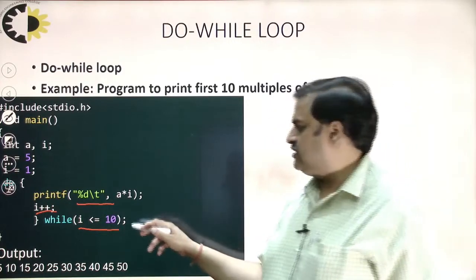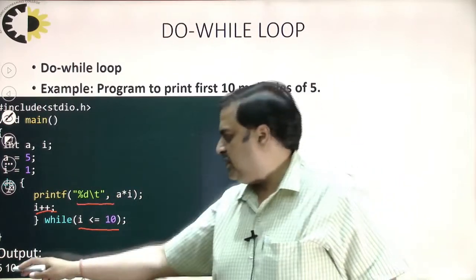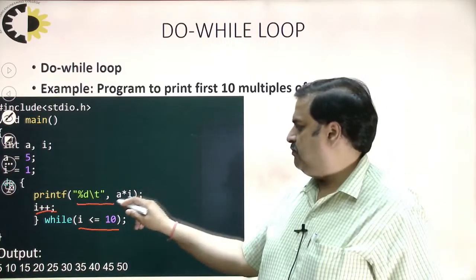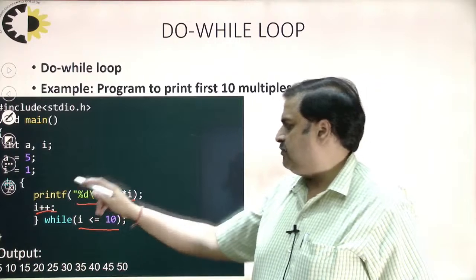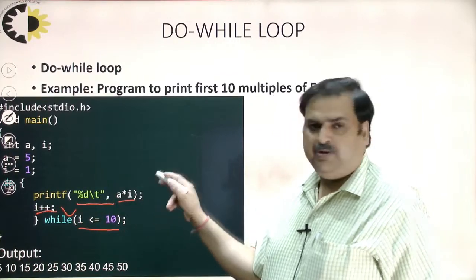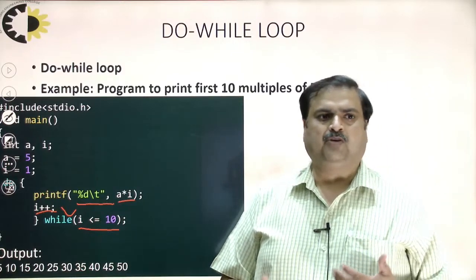Whenever the condition fails, we will not enter into the loop, rather we will come out. So it will print the multiples of 5: 5 into 1 is 5, next time I is incremented and it prints 5 into 2. Such work we can perform with the do while loop also.